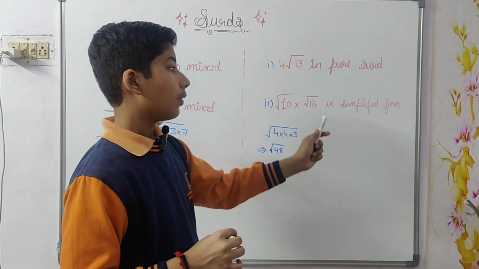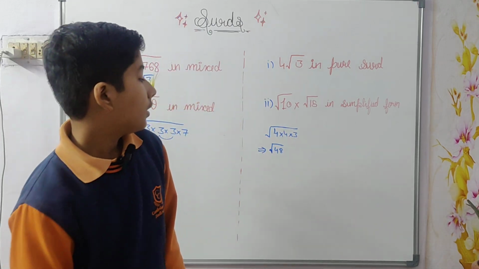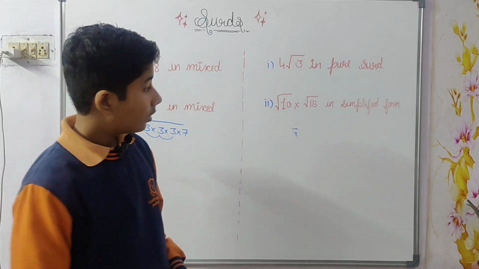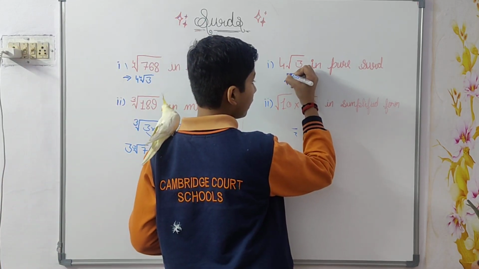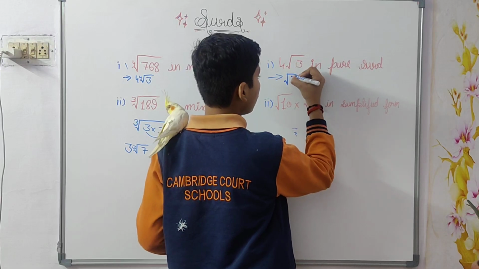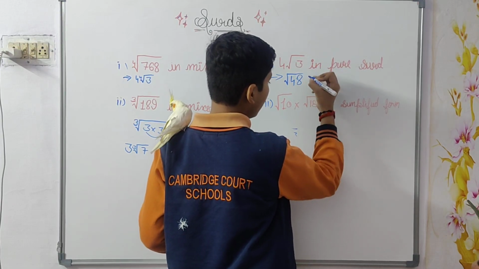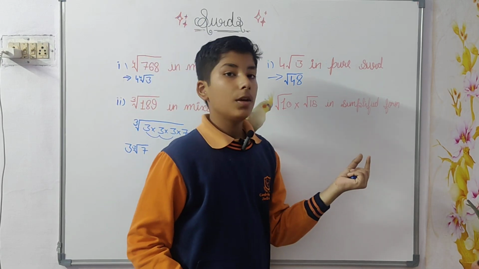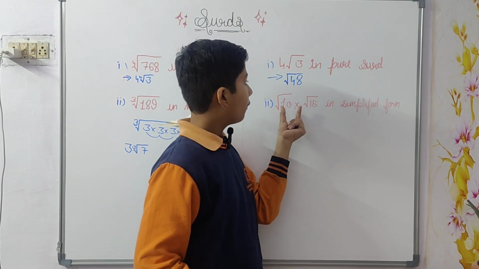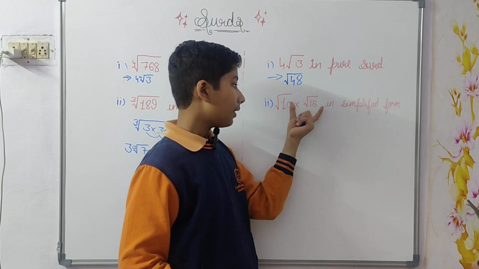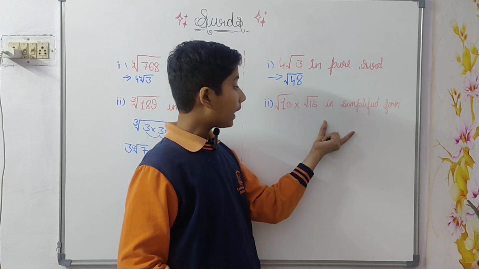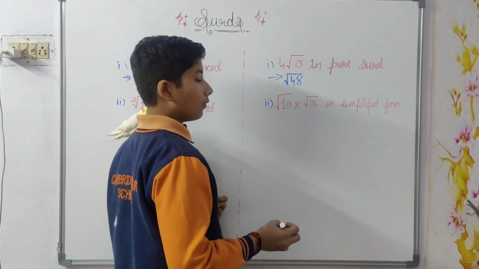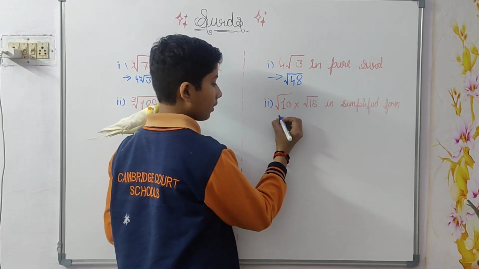Now in this one, this is a little bit different question. Now what was our answer? Root 40. Now in this one it is saying in simplified form, which means firstly you have to convert it into pure form, and then from pure form you have to convert it into mixed form, which will be simplified.